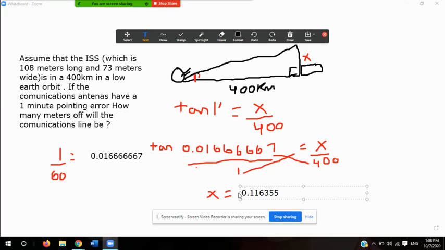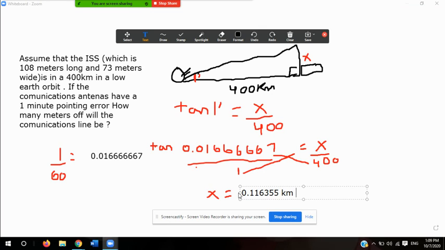But our answer is given to us in kilometers. So that means that we need to turn that into meters.